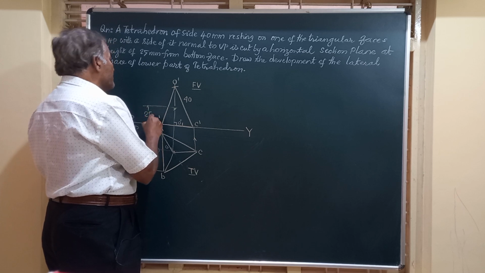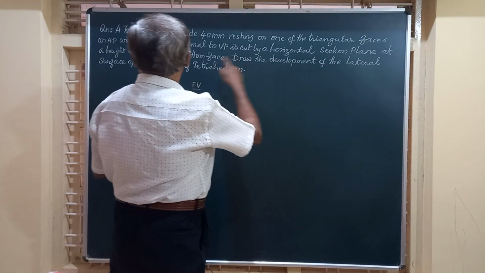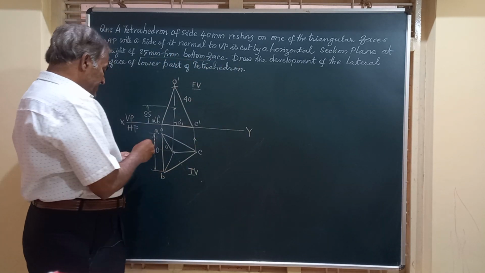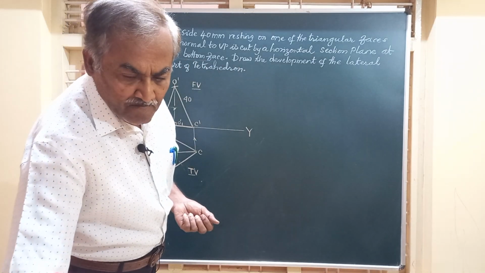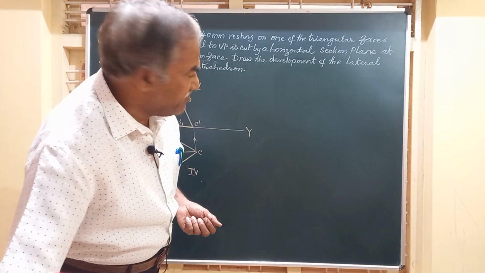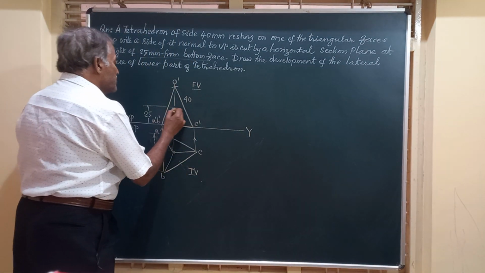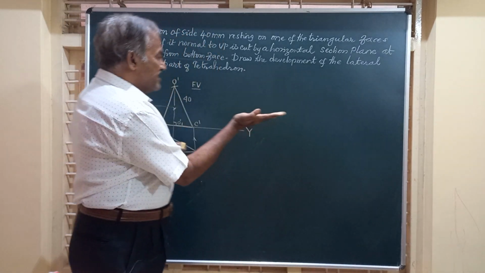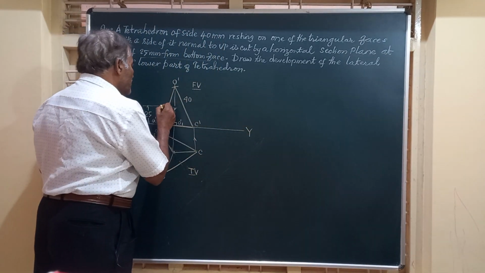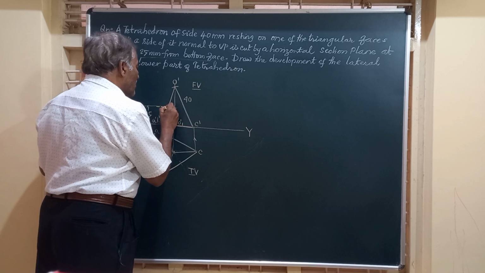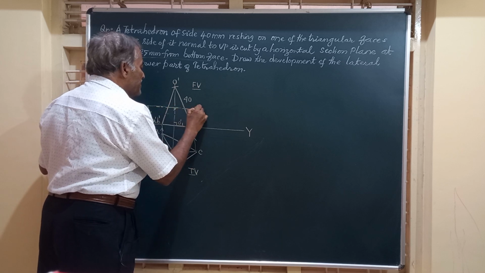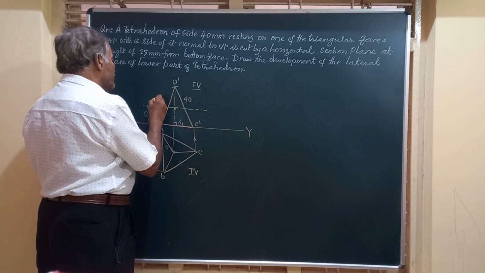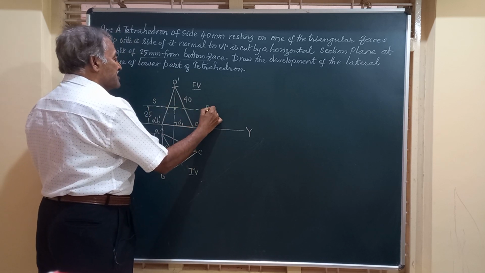This is 25 mm specified distance from bottom face. So friends, the section plane SS is passing through this. So any horizontal section plane is seen as a line in the front view. So friends, I am going to draw the section plane passing through this, and I represent the section plane as SS.